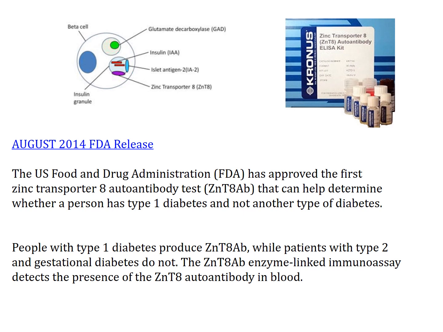In August of 2014, the FDA released and approved a new autoantibody test, an autoantibody test which detects this zinc transporter 8 antibody. And now, like I said, detection of one of these antibodies, and specifically this one now, ZnT8, can be indicative of an individual who has type 1 diabetes. If you look at that beta islet cell at the top, remember the beta islet cell is creating the insulin.